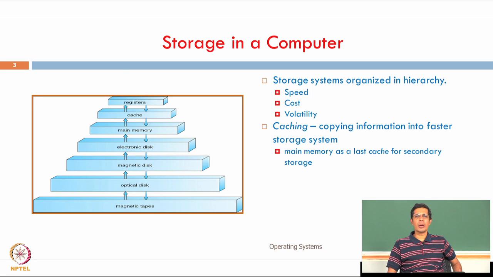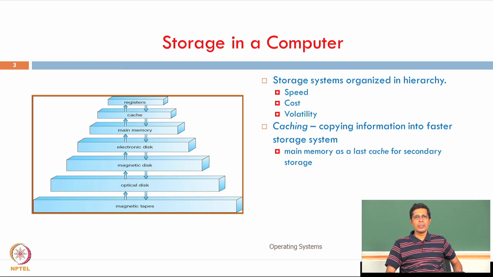So these are all volatile storage. But if I store it in a disk, as you see in the slide, on a magnetic disk or an optical disk or magnetic tapes, after I switch off the power, whatever I have saved will still be there and I could retrieve it at any later point of time. So those storages are called non-volatile storage.